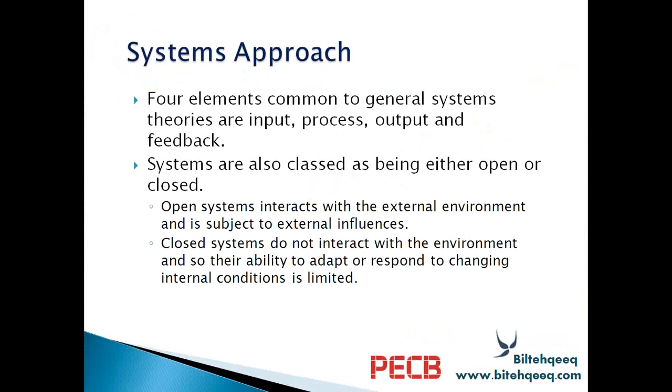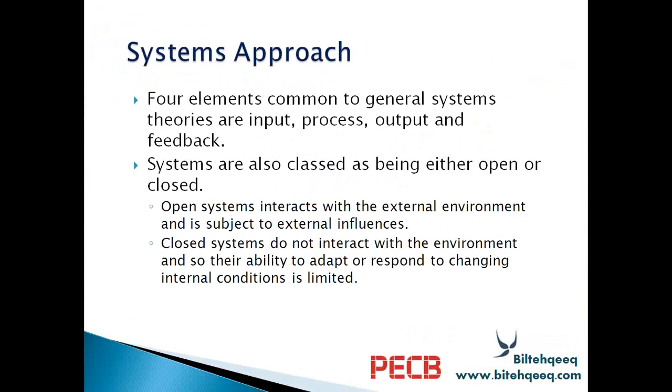The system approach consists of four elements. The four elements common to general system theories are input, processes, output, and feedback. Systems can be either open or closed. An open system interacts with the external environment and is subject to external influences.